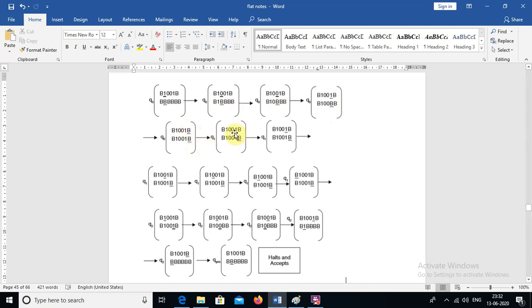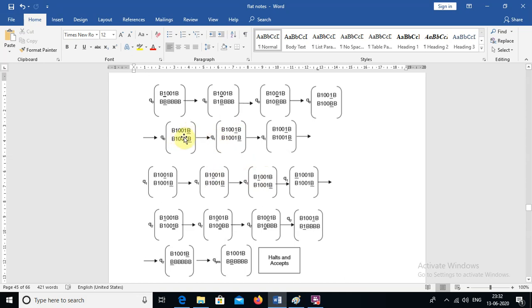Then now we have to move the read-write head of the first tape to the left side. Okay, so here from here to here, in the first tape only we are moving. Okay, here there is a situation.